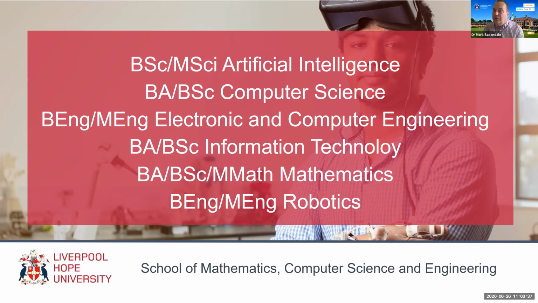I'll mention a little bit the difference between those in a moment as we start to talk about the courses. So artificial intelligence, computer science, electronic and computer engineering, information technology, mathematics, and robotics. So those are the courses that we run in the school as undergraduate courses.